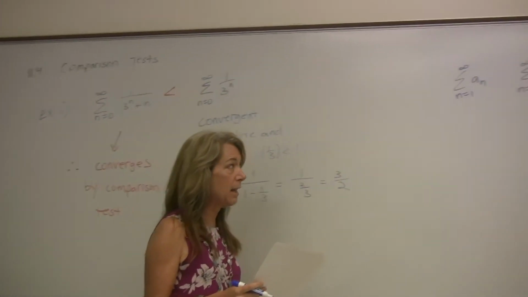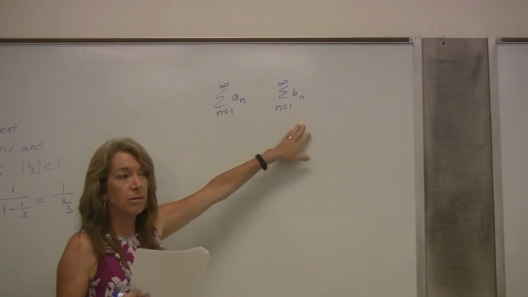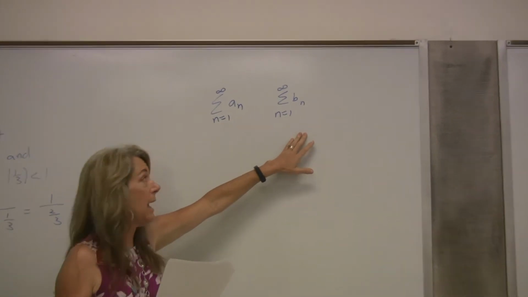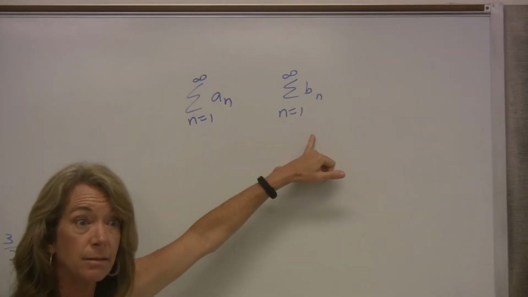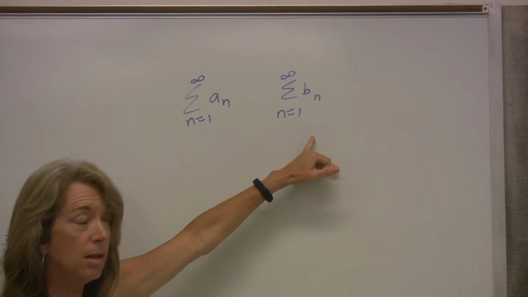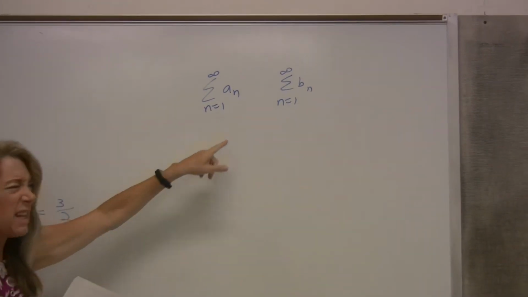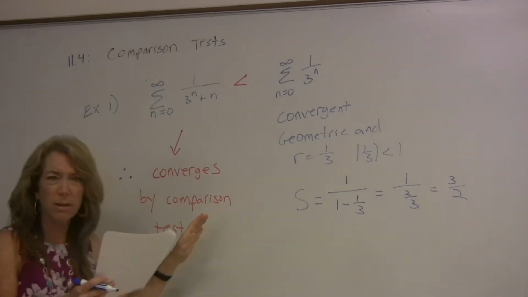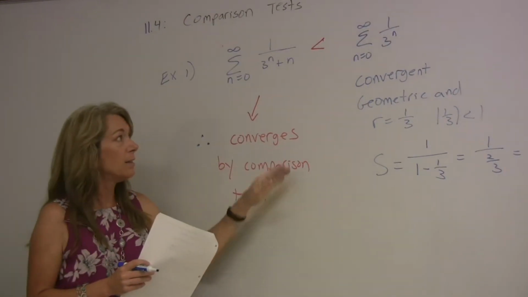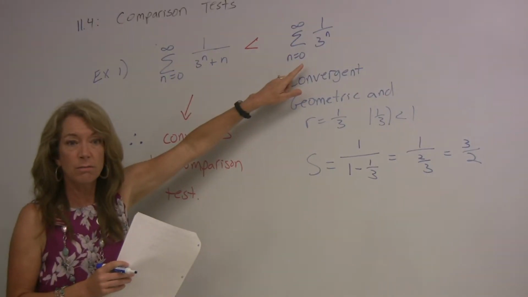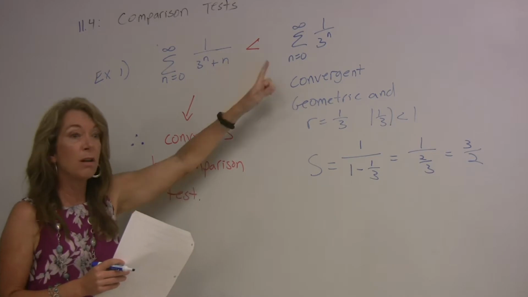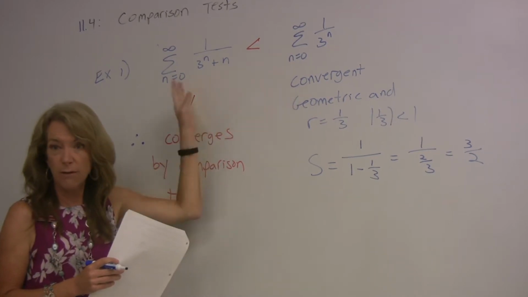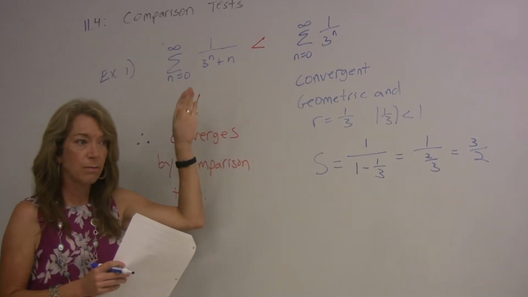It says that if bn is convergent and an is less than that, then this one must also converge. That's exactly what we just did here and with the previous example before the break, right? This one is convergent. These terms are smaller than those terms, so therefore this one has to also converge.